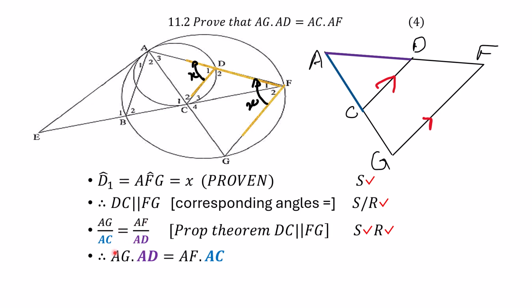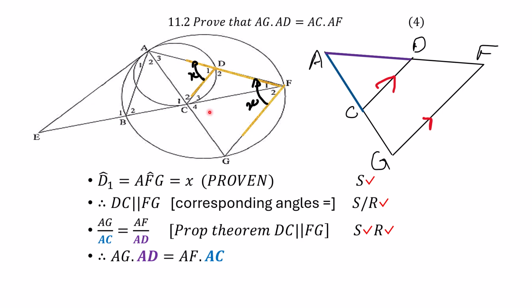So there you should pick that up. AG over AC equals AF over AD. Proportionality theorem, DC is parallel to FG. Now if we just cross multiply, AG times AD equals AF times AC. Right, and there we ended up with the statement that we had to prove.